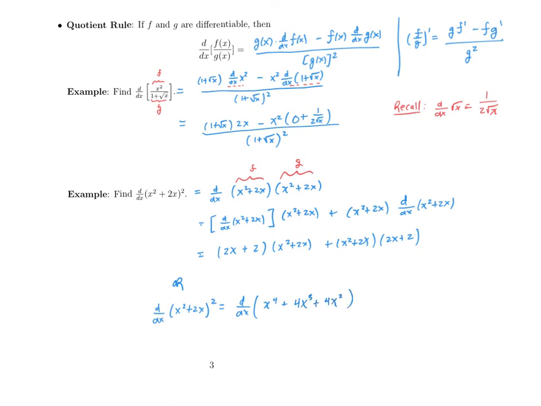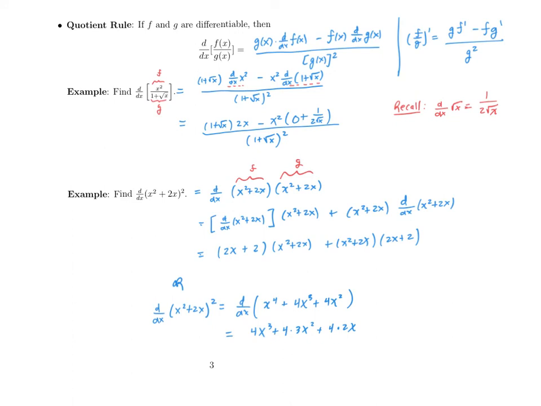And that's simply by, you might think, foiling it out. And once you've foiled this out, now we can differentiate term by term using the power rule. So 4x cubed plus 4 times 3x squared plus 4 times 2x. And if you were to go ahead and simplify those two quantities, you would find that they are equal to each other.